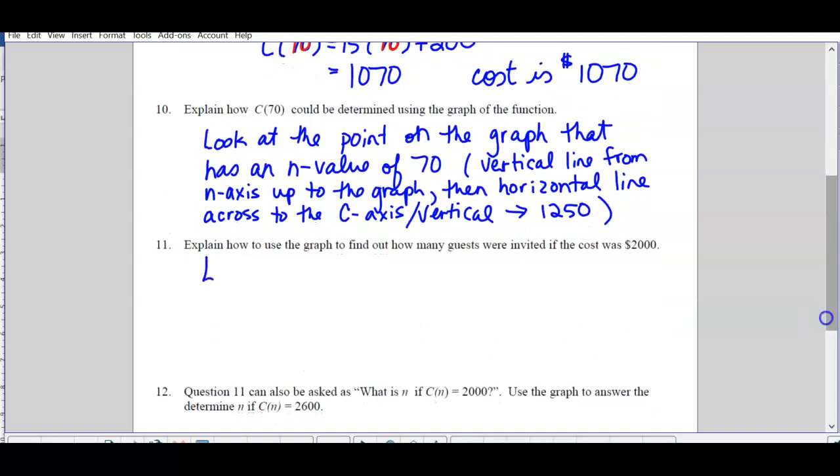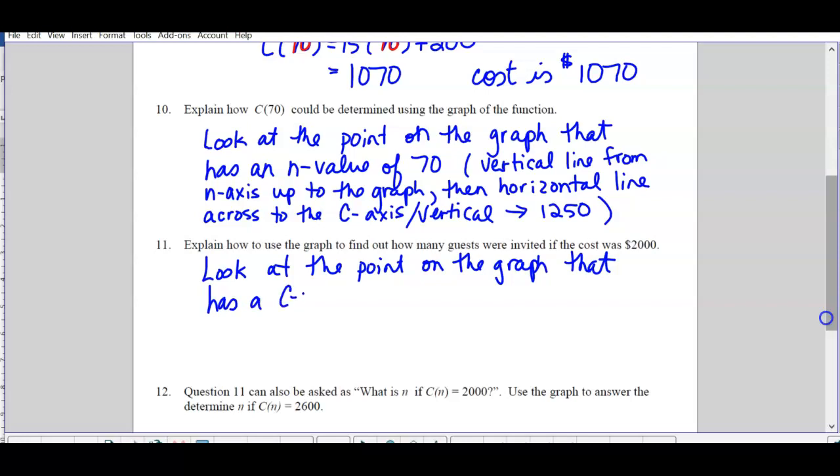So look at the point on the graph that has a C value of 2,000.